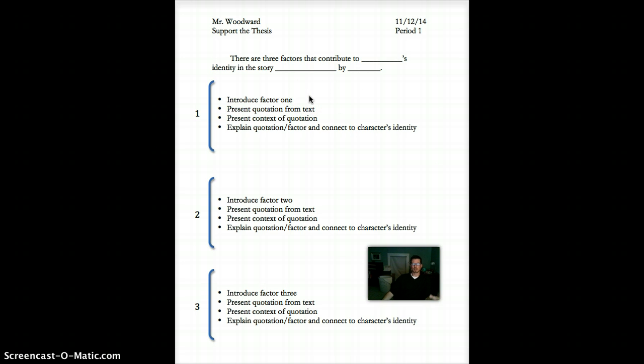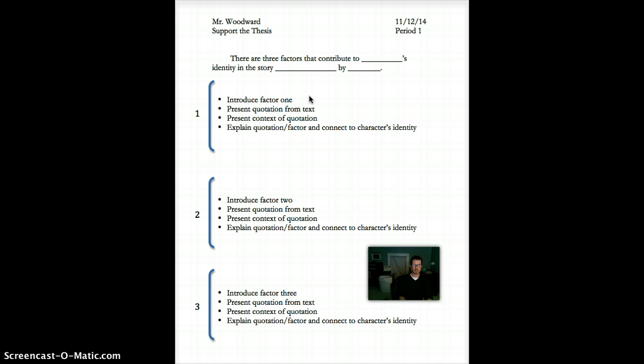So in each of these paragraphs, you have to introduce the factor, you have to present a quotation from the text that supports that, and you need to present the context of the quotation and explain that quotation and factor and make sure you're connecting it back to the character's identity, because that's what your thesis is saying: not only does this factor exist, but it helps us understand the character's identity. It leads to a piece of that character's identity.